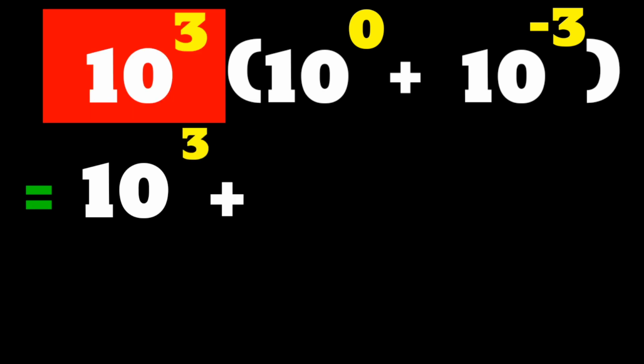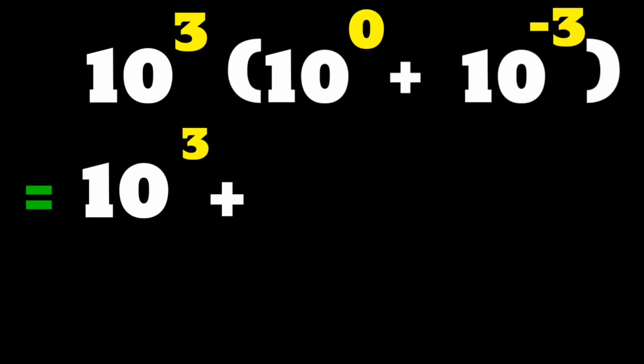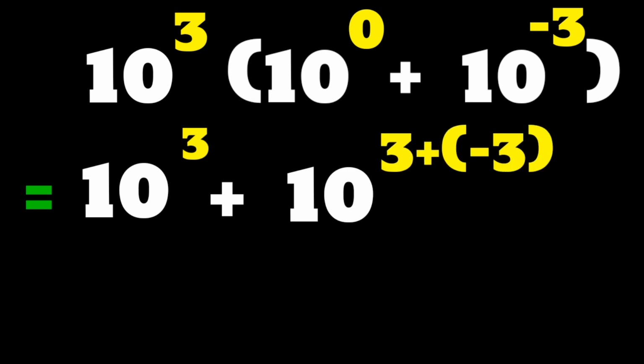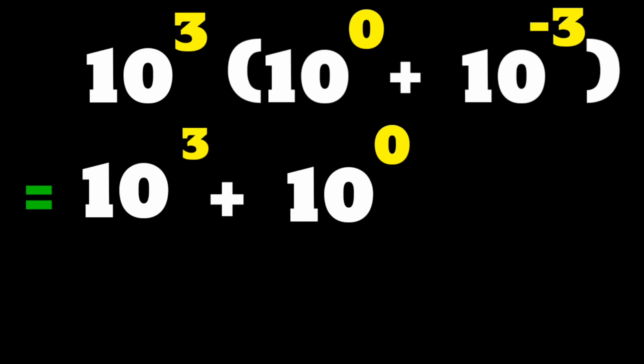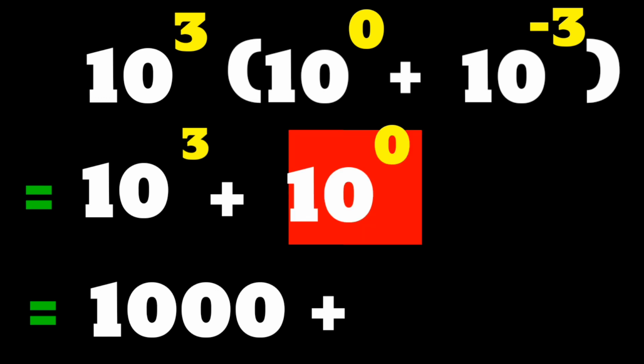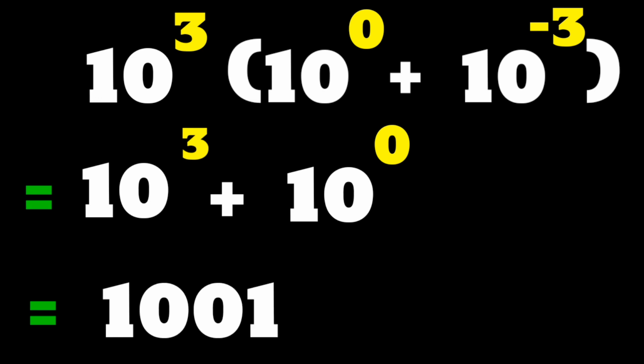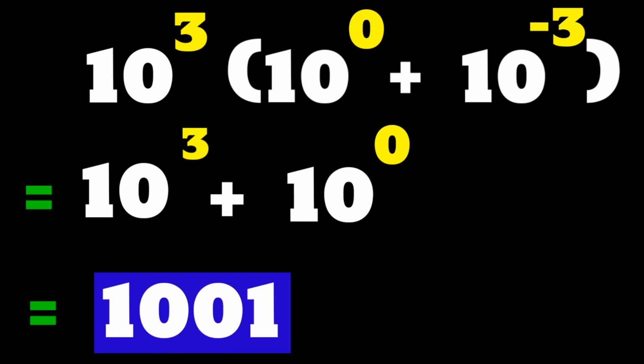Then 10 cubed times 10 to the negative 3 power. Multiplication rule: copy the base 10 and add exponents, 3 plus negative 3 equals 0. 10 cubed is equal to 1,000 and 10 to the 0 power is 1. So 1,000 plus 1 is equal to 1,001, which is the final answer.